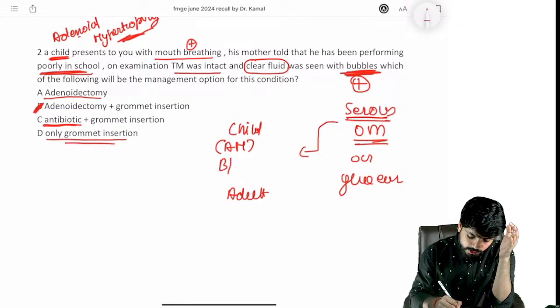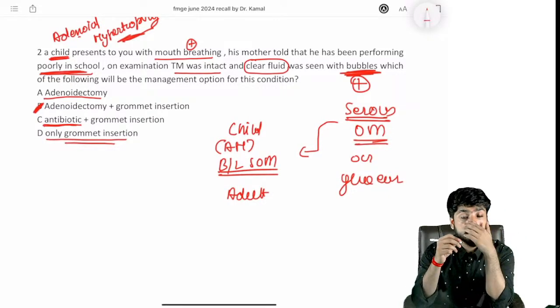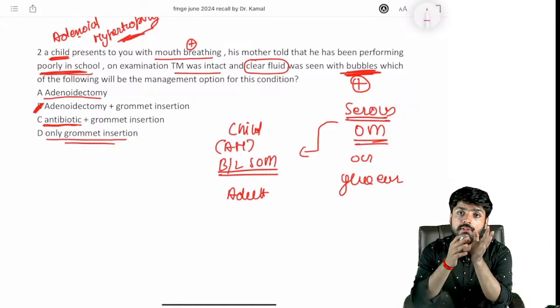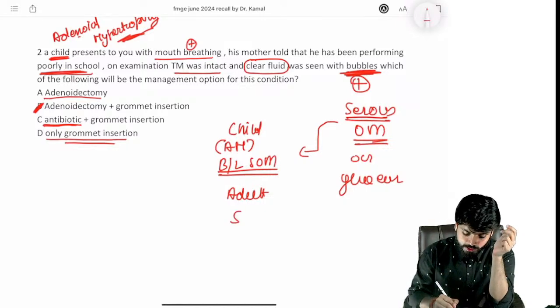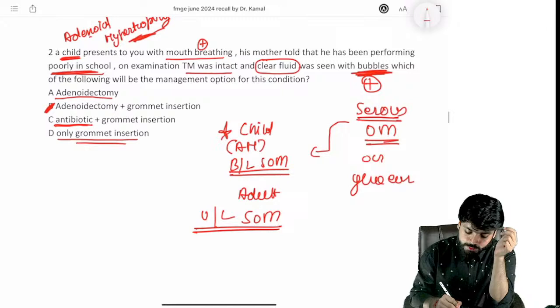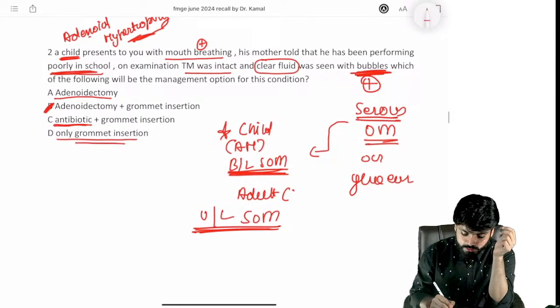So the patient will have bilateral SOM. What about adults? Usually adults have nasopharyngeal carcinoma, which is unilateral in presentation, and the patient will have SOM but unilateral. Remember this. Child will have adenoid hypertrophy, bilateral SOM. Adult will have unilateral SOM due to nasopharyngeal carcinoma.